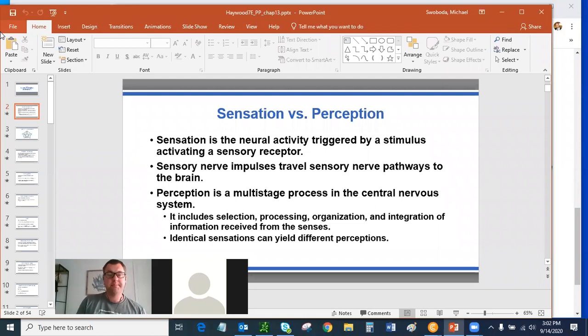A perception is typically an internal type of stimulus. There is definitely a multi-stage approach to it, but how you perceive something is your personal perception. So I may perceive this mouse as being bigger than another mouse, even though objectively speaking, it's the same size.